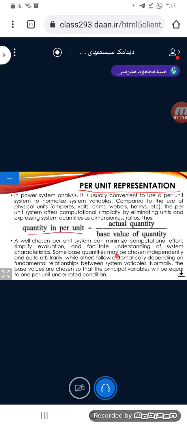Some base quantities may be chosen independently and quite arbitrarily, while others follow automatically depending on fundamental relationships between system variables. Normally, the base values are chosen so that the principal variables will be equal to 1 per unit under rated condition.